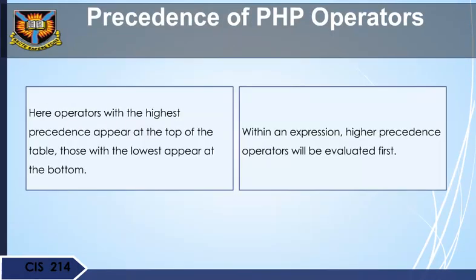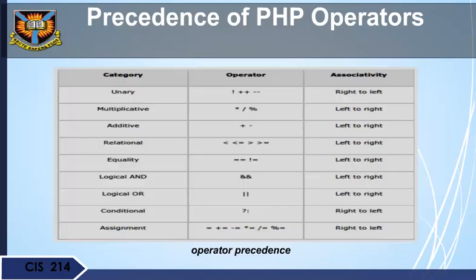Precedence of PHP operators. Here, operators with the highest precedence appear at the top of the table, those with the lowest appear at the bottom. Within an expression, higher precedence operators will be evaluated first. Operator precedence.